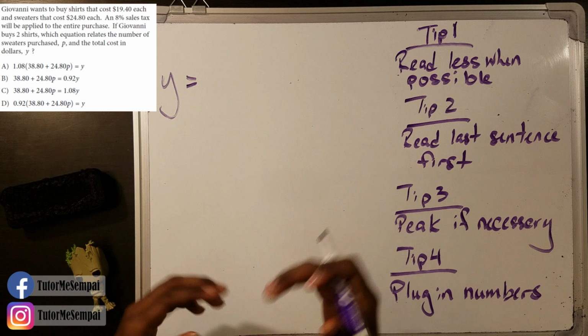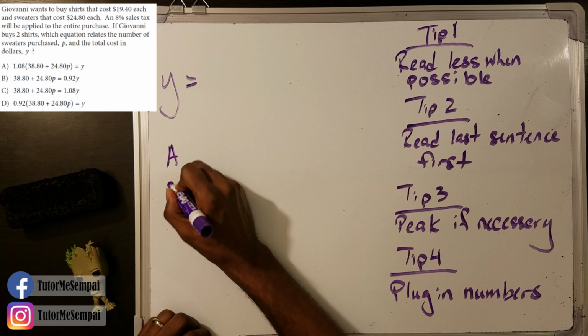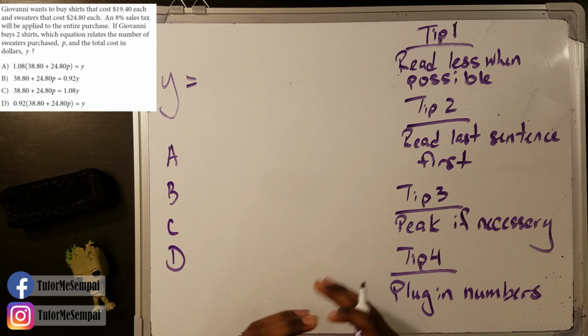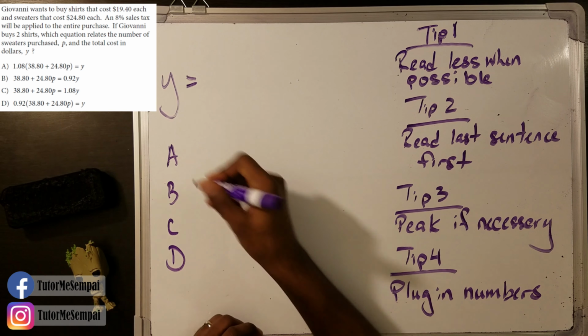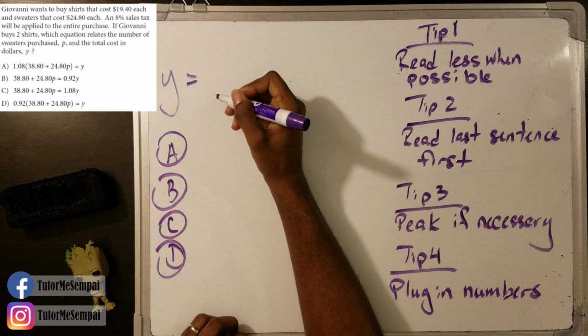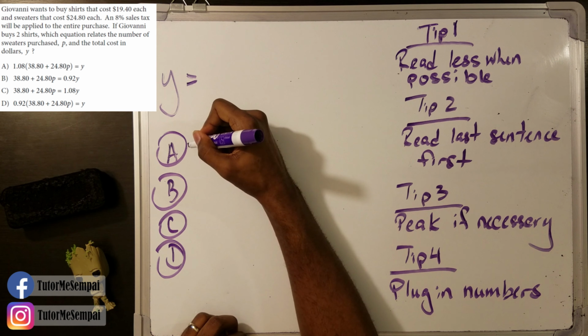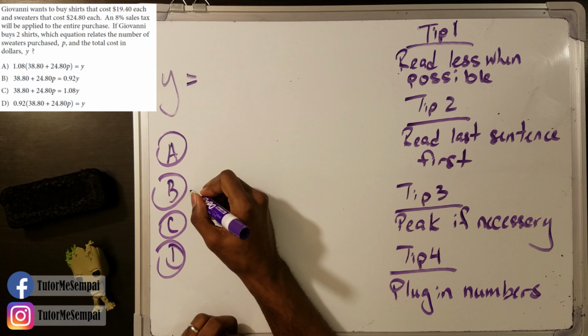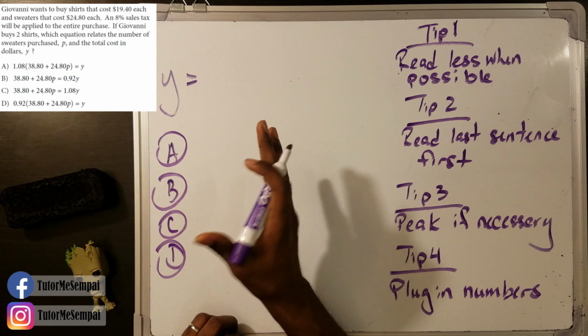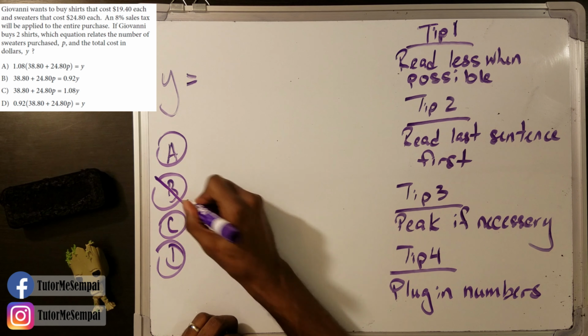So we can go straight to our answers A, B, C, and D and see if we already have something looking like Y equals. So we have a Y equals for A, so we're going to keep A, but we don't have a Y equals for B. We have a 0.92Y. So that doesn't really scream out, hey, this is going to be my answer.